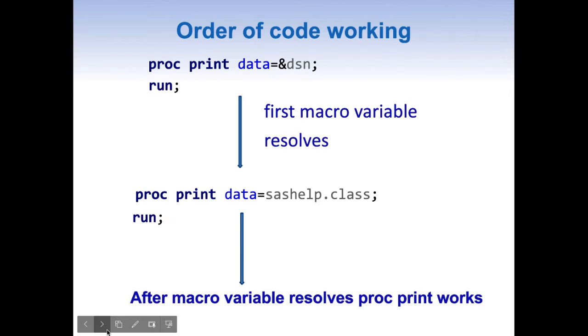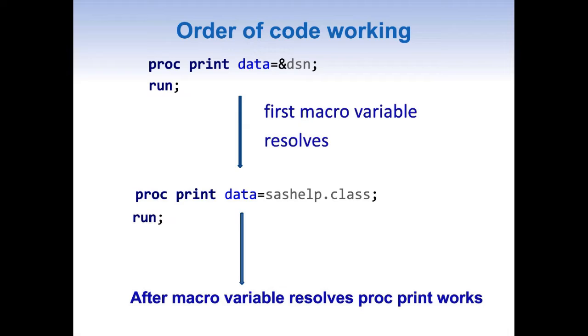Now I want you to understand how the code works. When we run proc print data=&dsn; run;, we need to understand that first the macro variable resolves and it becomes sashelp.class, and then proc print works.